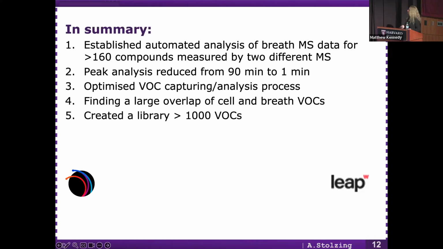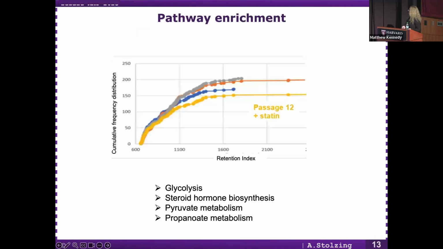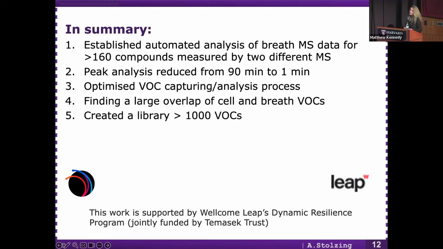So we seem to be on the right path, and we have now created a library of 1,000 VOCs. Hopefully next year we will be able to show you more of this, because as Lynn said, we're 1 year in. So hopefully in 2 years' time, we will have a signature that will tell us who is resilient and who is not. Thank you very much.